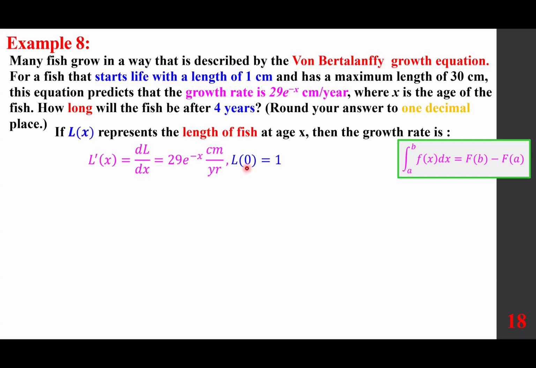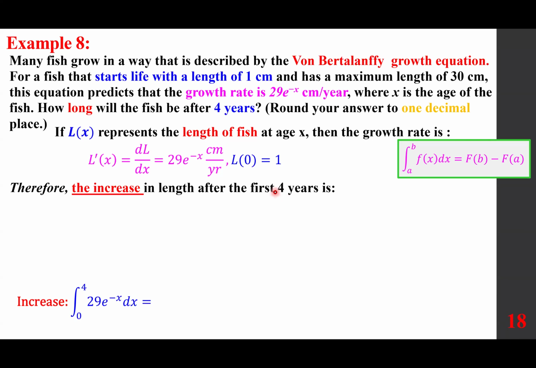So the amount of increase in length after the first 4 years is going to follow the definite integral. So we are going to evaluate the integral of this guy times dx for the first 4 years, from 0 to 4.